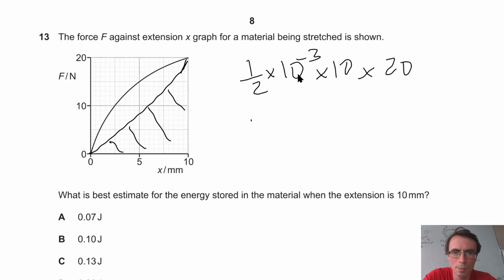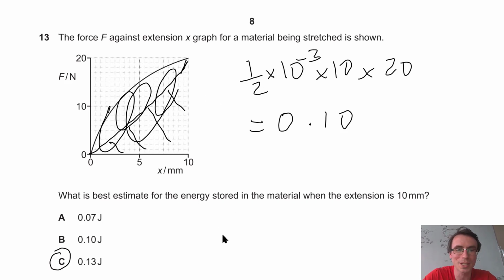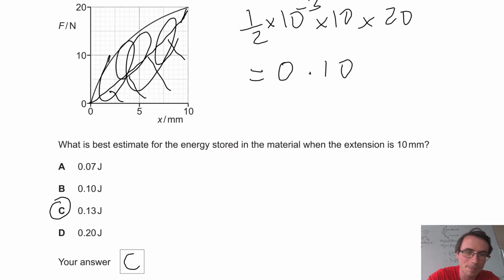That's just 0.1. But the answer is going to be bigger than that. It's not going to be 0.2, because that's the area of the entire rectangle. So it's going to be something between the area of the entire rectangle and 0.1, which is the area of the triangle. So it's got to be something in the middle. Correct answer has got to be C.